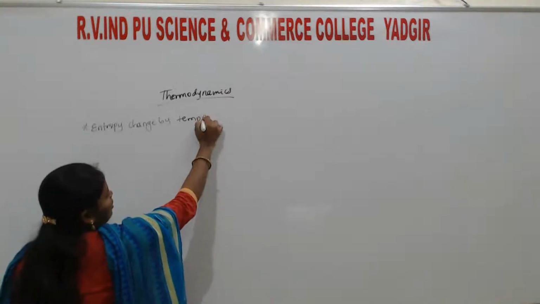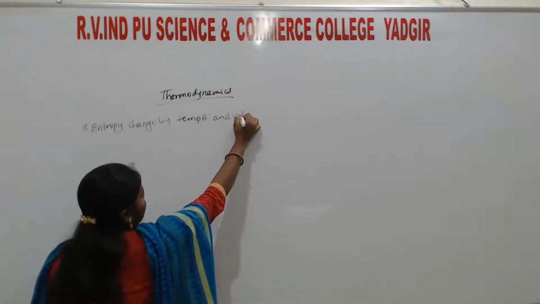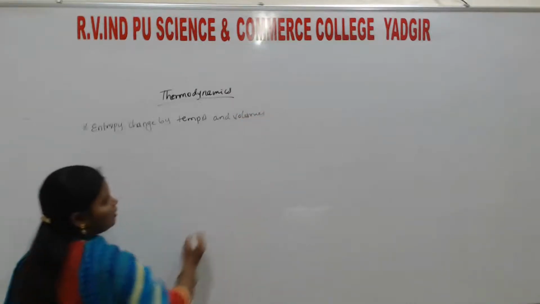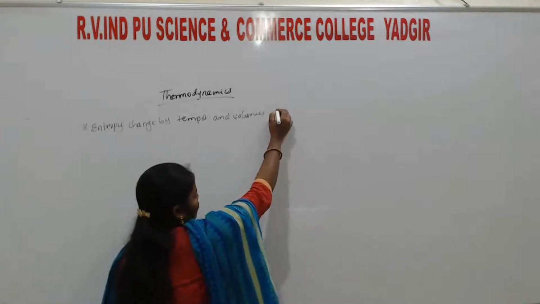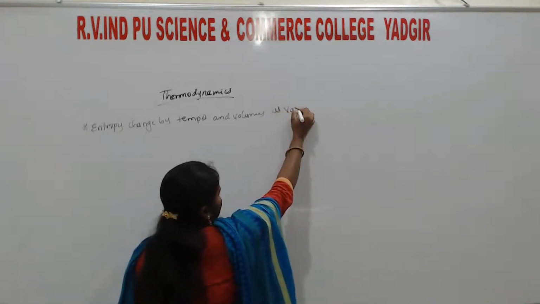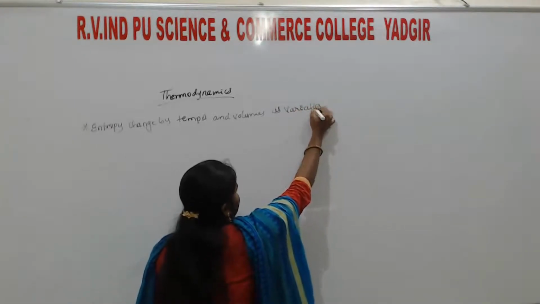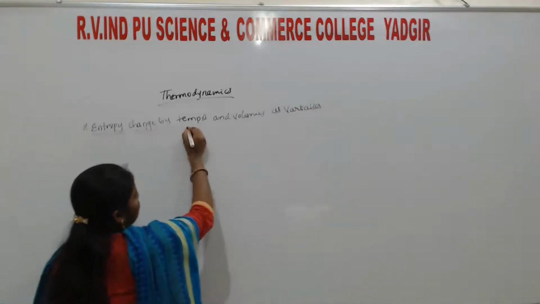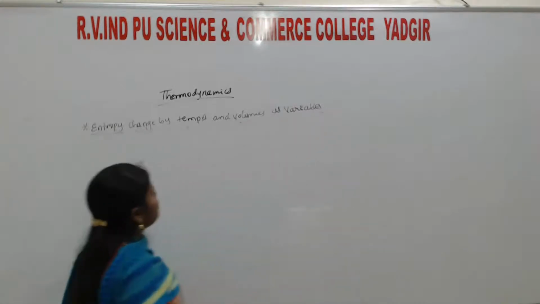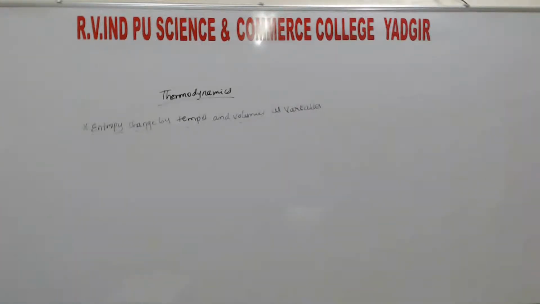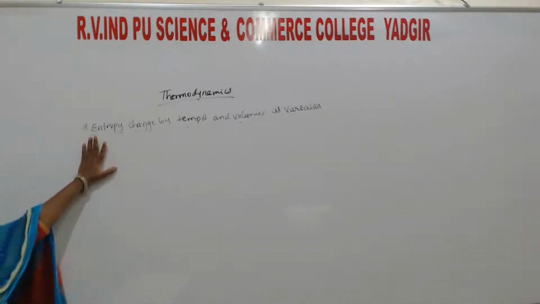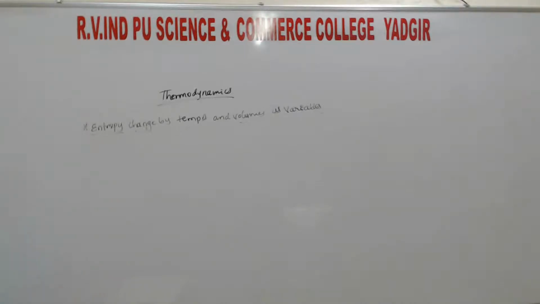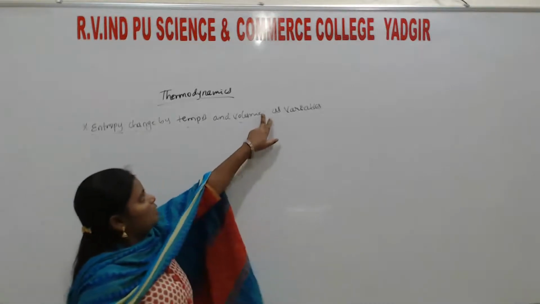Temperature and volume as variables. In two factors, depending on the entropy changes or variables. Here the entropy change by temperature and volume as a variable.